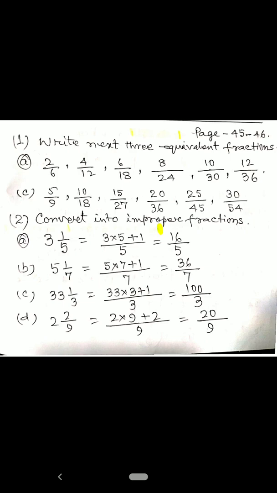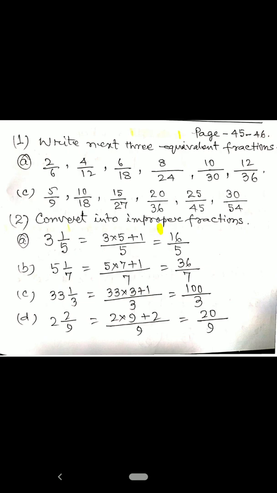Similarly, 2 multiplied by 5 is 10, 6 multiplied by 5 is 30. 2 multiplied by 6 is 12, 6 multiplied by 6 is 36. So the next three equivalent fractions are 8 by 24, 10 by 30, 12 by 36.